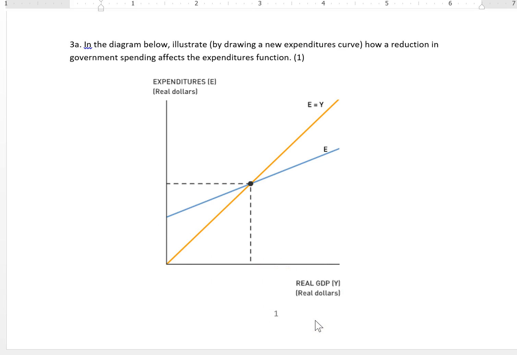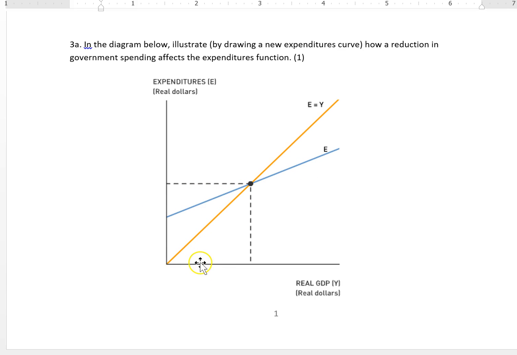And think about it. If you lost your job and your income drops to 0, you still have to spend money to eat, to pay your rent. Now, where's that money coming from? It's either coming from credit or from savings. So that's why this blue line crosses the vertical axis at a positive amount, even though income is 0.